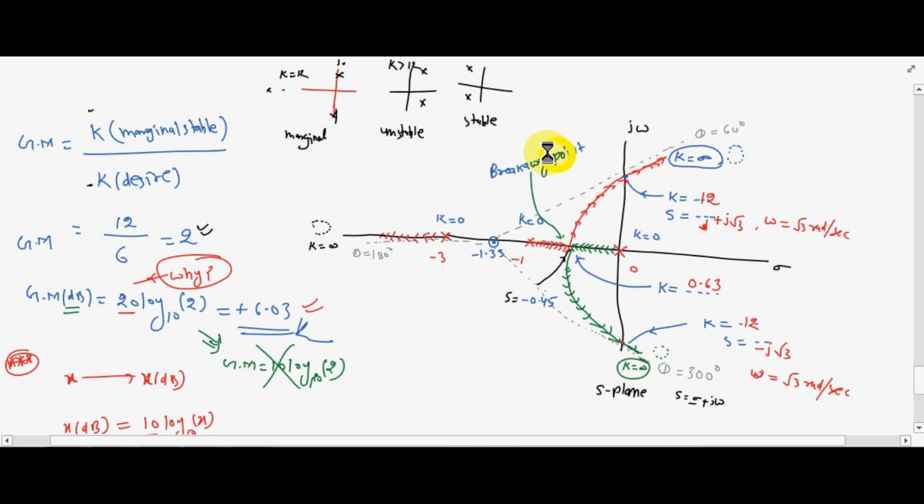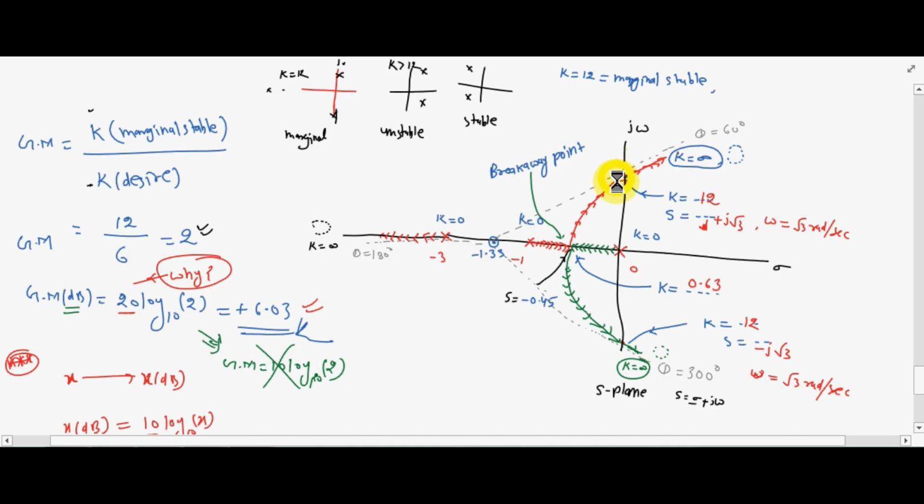By investigating the root locus, we can say that when k is equal to 12, the system is marginally stable. Clear?